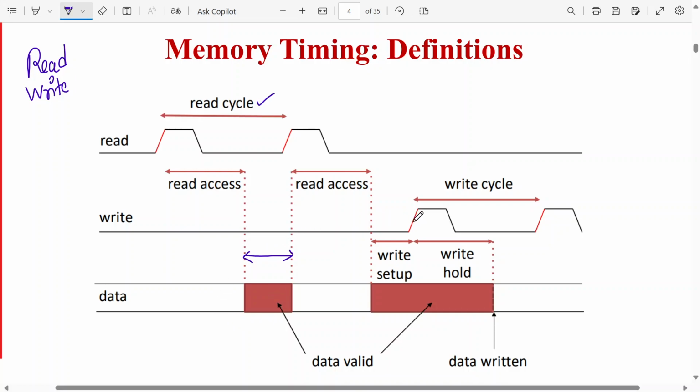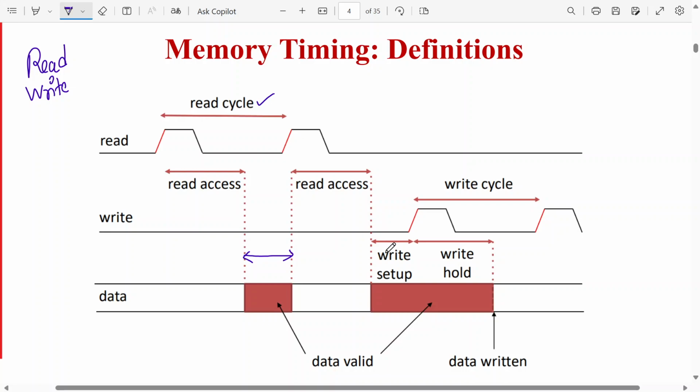Then we have a write cycle. Write cycle is the distance between the two writes going active high. Initially the write is low, then it goes active high. So the distance between the two write highs will be the write cycle. In the write cycle we also have a write setup and a write hold.